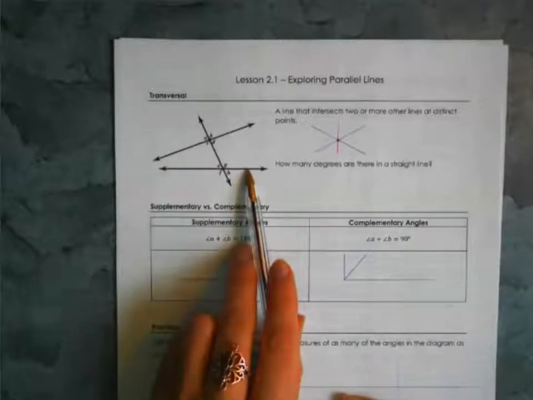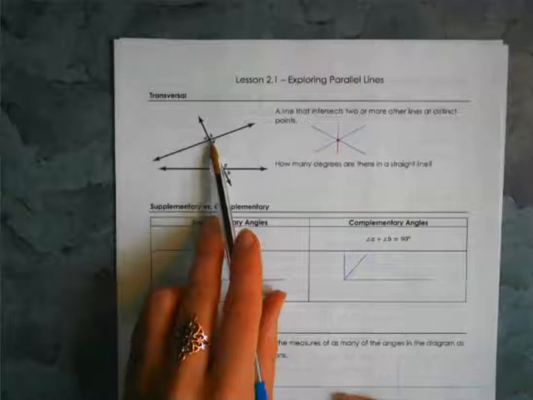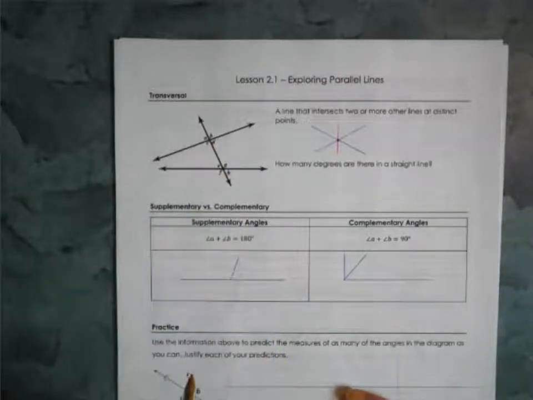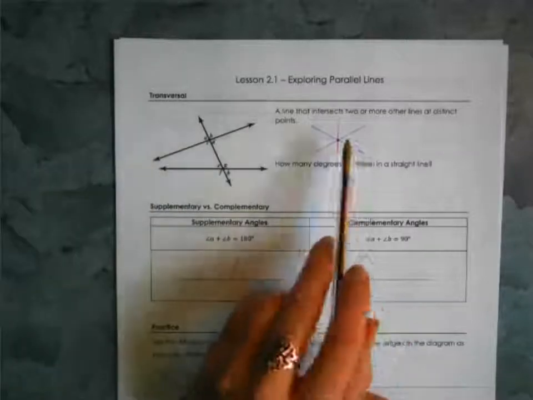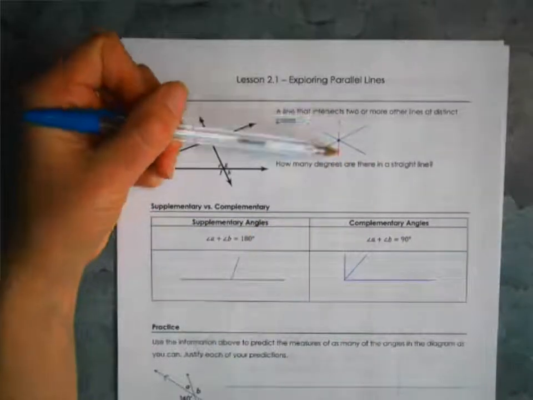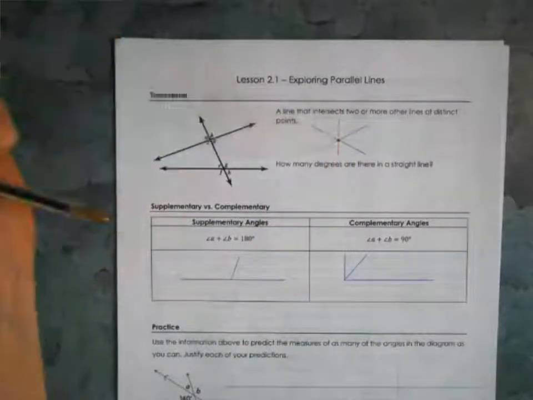You could have more lines, and those intersections are happening at distinct points. So there's two separate points where we see this intersection happening. What I've sketched out here, we have two lines, so the blue, and then we have another line that's crossing through both of those lines.